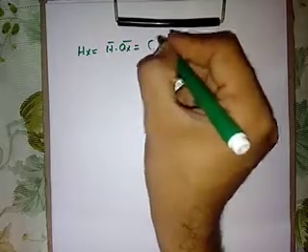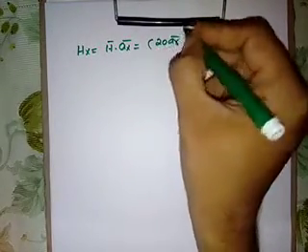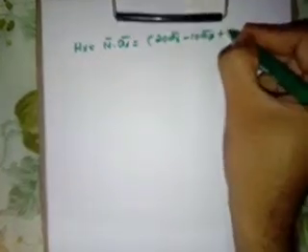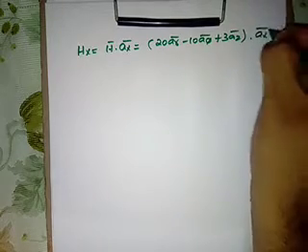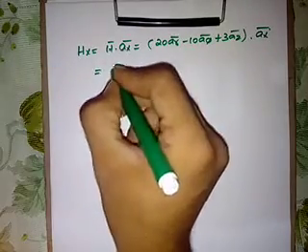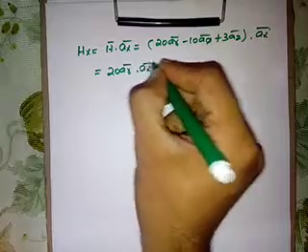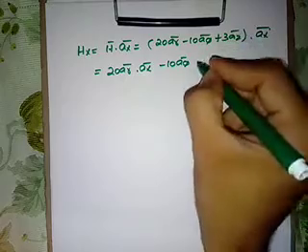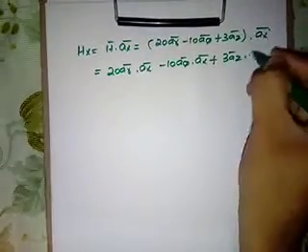This will be equal to 20 ar bar minus 10 a phi bar plus 3 az bar, dot ax bar. So this comes out to 20 ar bar dot ax bar minus 10 a phi bar dot ax bar plus 3 az bar dot ax bar.